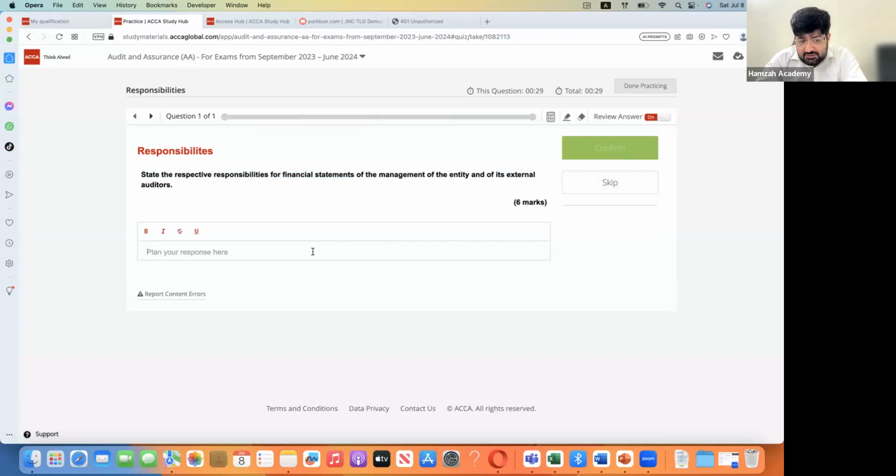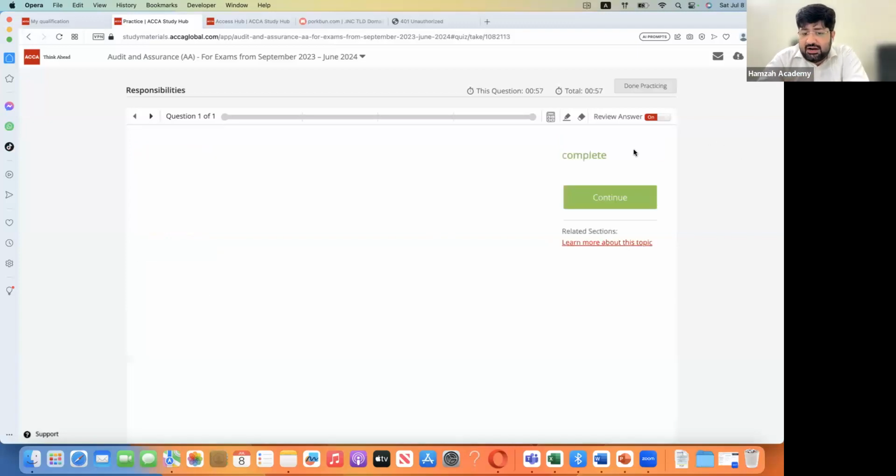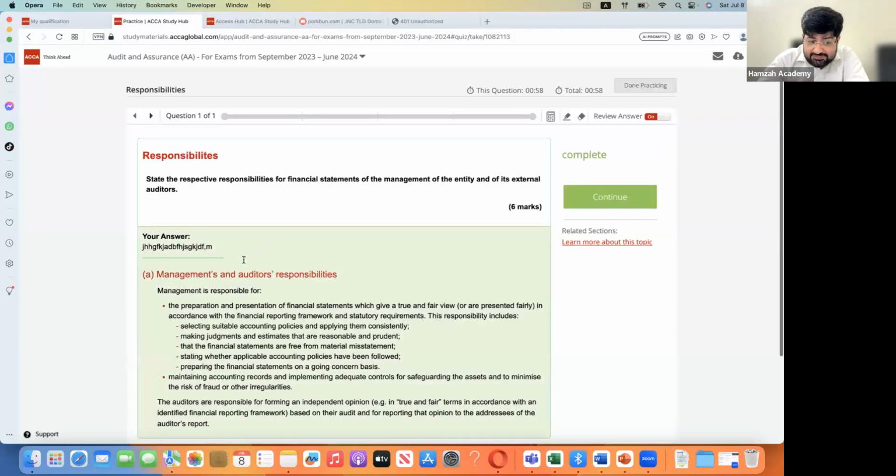Very easy. Management has to apply accounting policies consistently. They have to prepare financial statements as per local laws. They have to present financial statements for better understanding of the shareholders. So whatever your answer is, type here and confirm. Here is the answer.